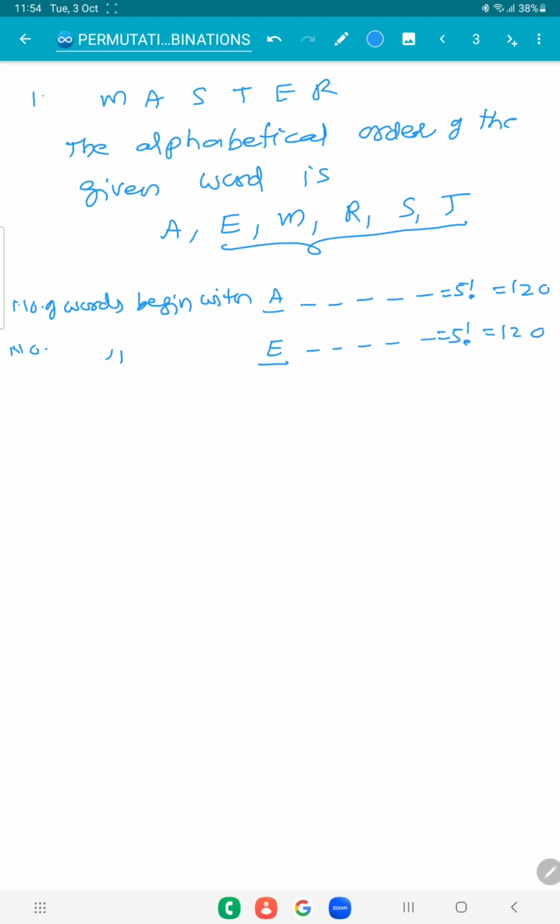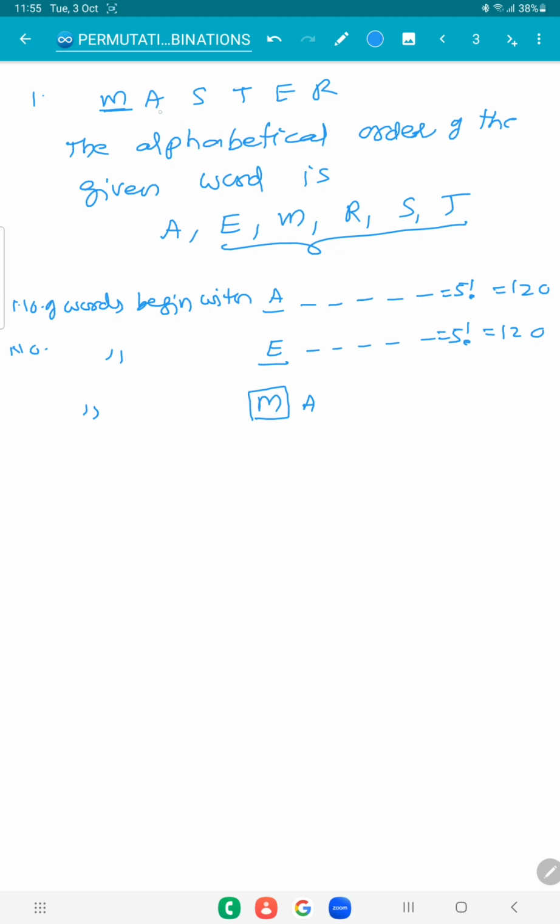So after we are done with E, then we have the words that begin with M, but M is required, right? Because we need the master rank. Whenever the required letter is there, we have to lock that and come forward. So when M is locked, we come forward.